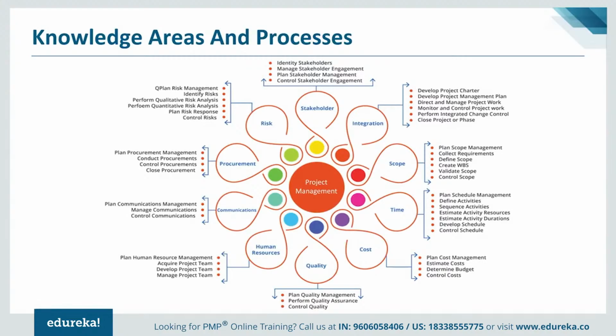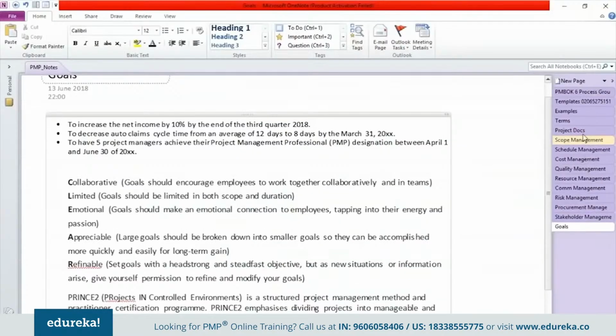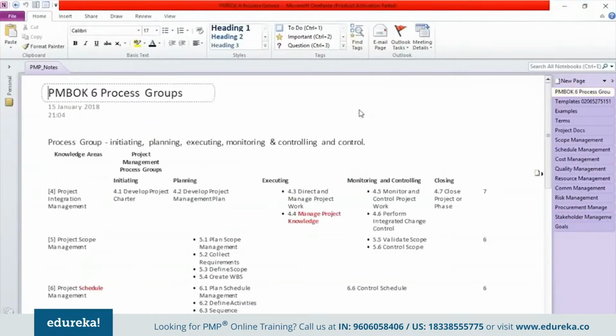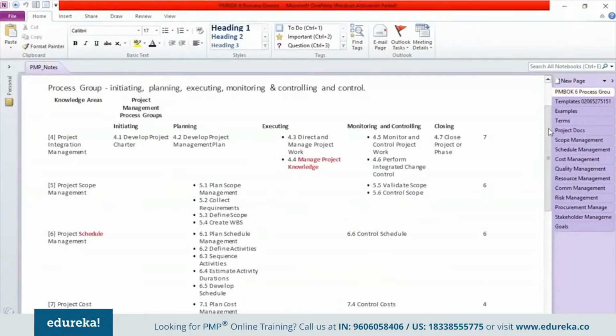And of course, there are process groups. Those process groups are initiating, planning, executing, monitoring and controlling, and closing. All these knowledge areas and processes are going to be a part of these process groups. So maybe I would like to just very quickly show you this.